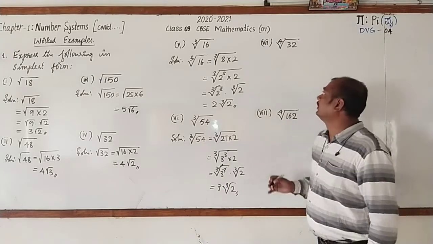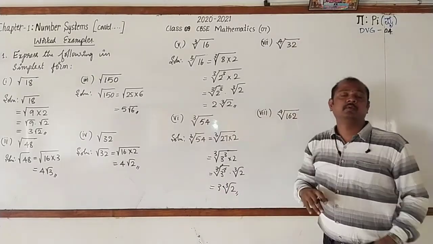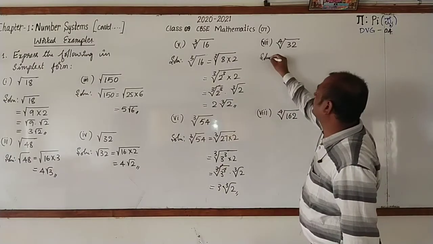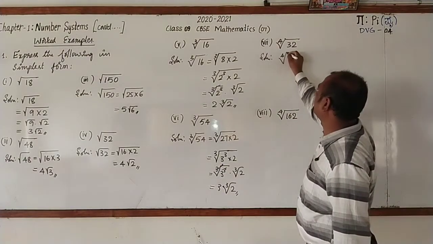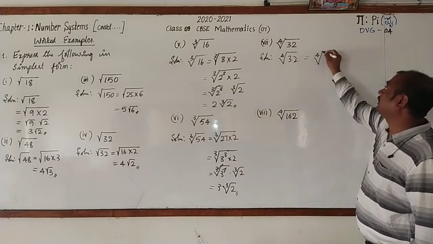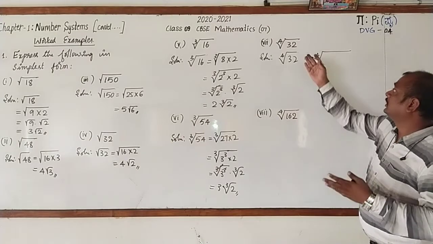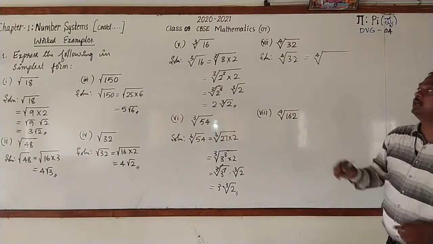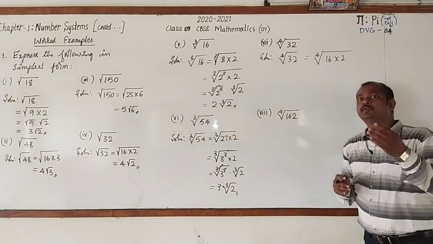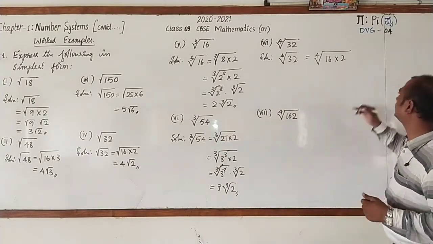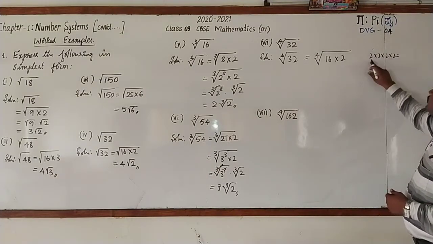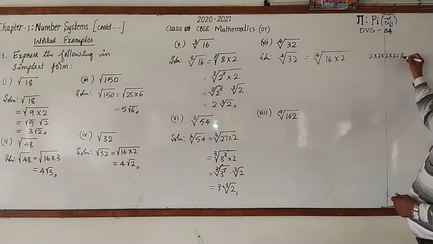Next. Here fourth root of 32 is there. Now, you can go for solving like this. Fourth root of 32. The order is 4. Hence, can we go for writing 32 as 16 into 2? Yes or no? If you tell yes, how? Just think over it. Here 2 into 2 into 2 into 2. 2 twos are 4, 4 twos are 8, 8 twos are 16.